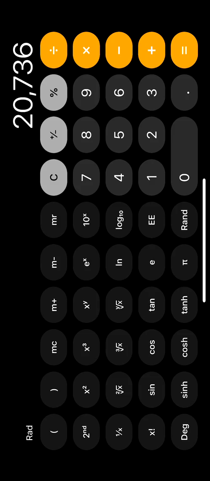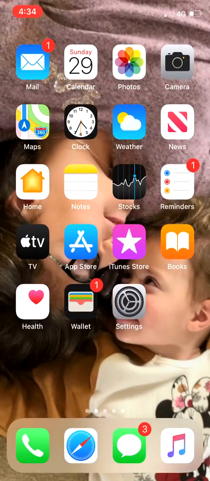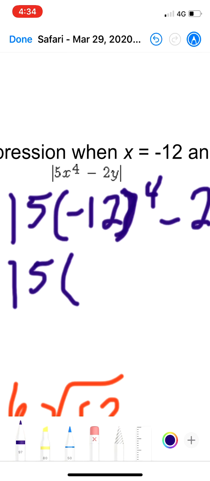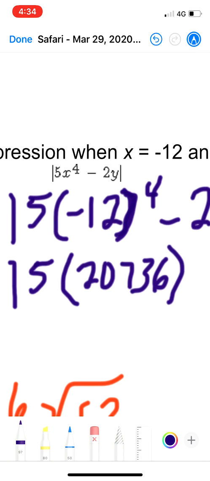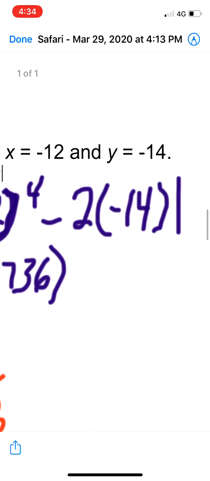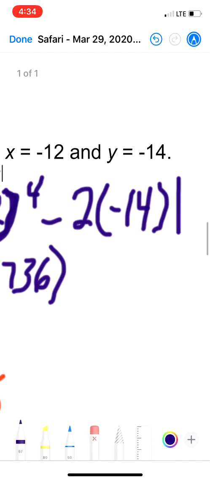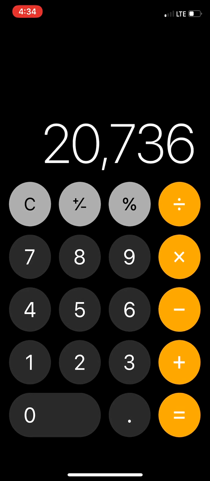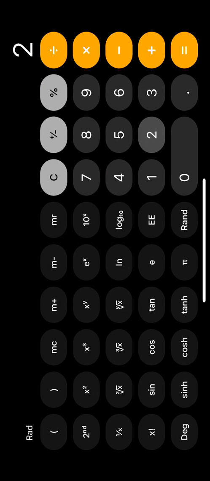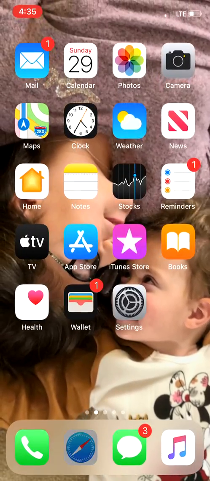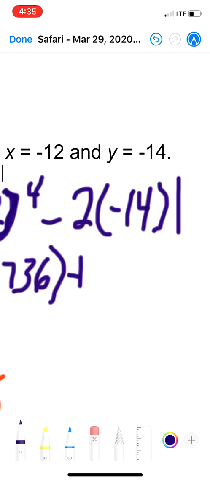So that's 20,736. Wow. So this is going to be a pretty big number here. Over here, we have minus 2 times minus 14, which is positive 28. So plus 28.